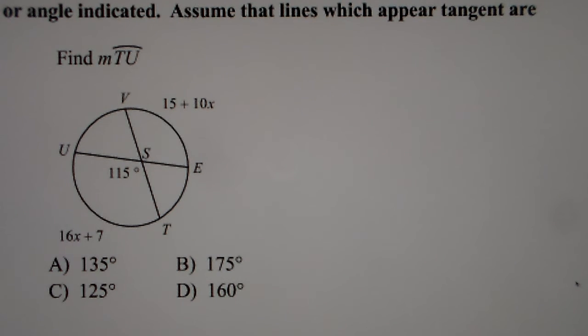Alright. Our goal is to find TU. So we've got quite a few steps here to get to that goal. As you can see, there's a couple x's in there. We have to first solve for x, to plug it into, or substitute that value in for x, to find out our value for TU.